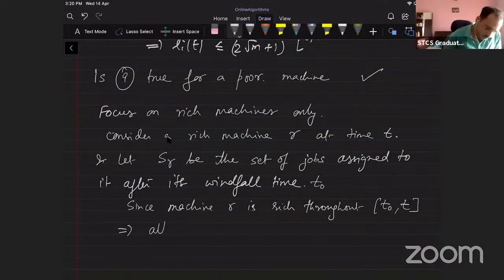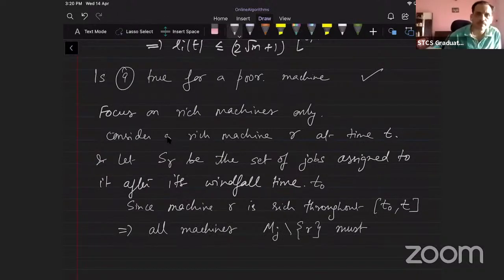Therefore, all machines in MJ without R must have become rich before time T0.